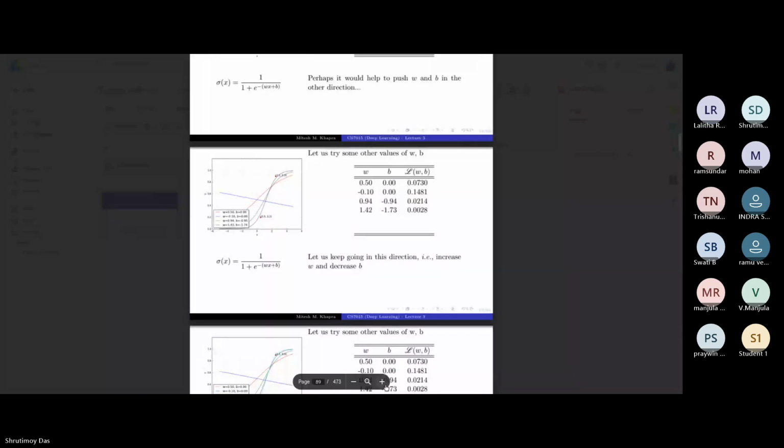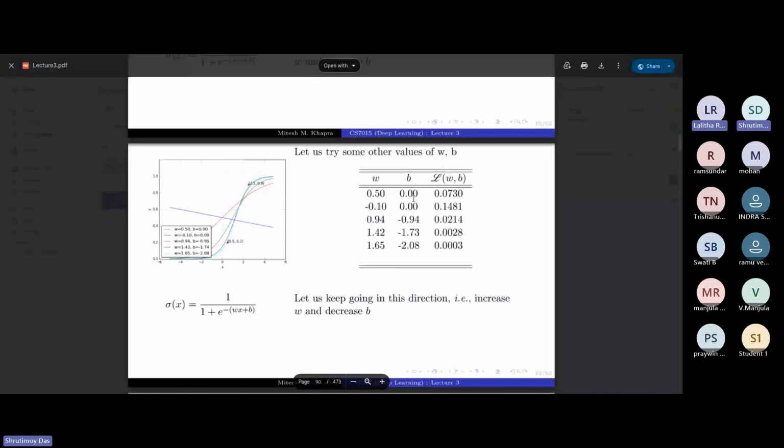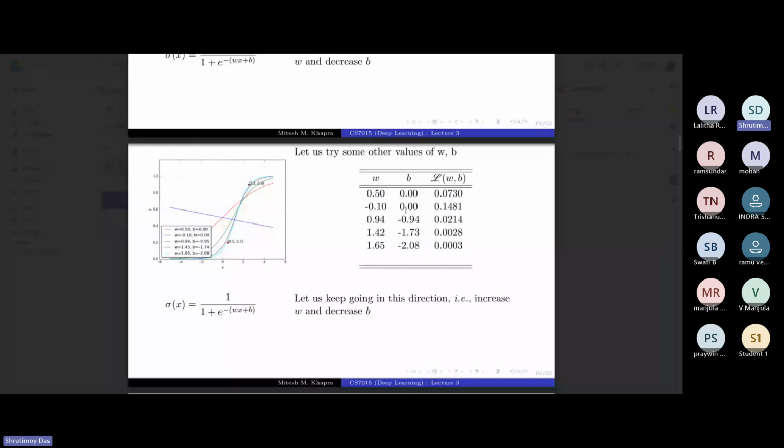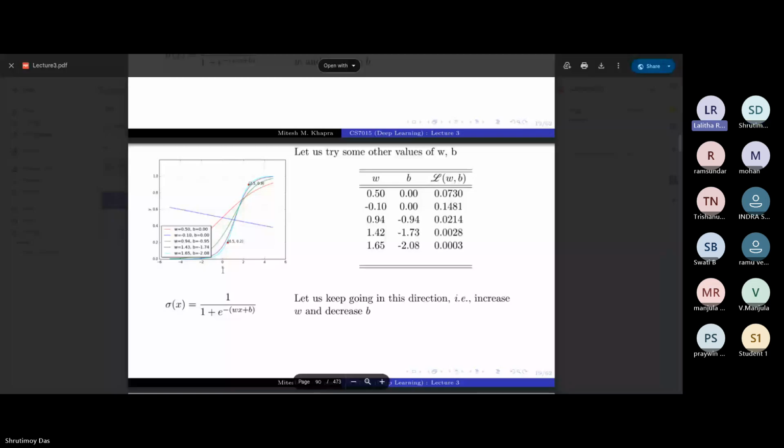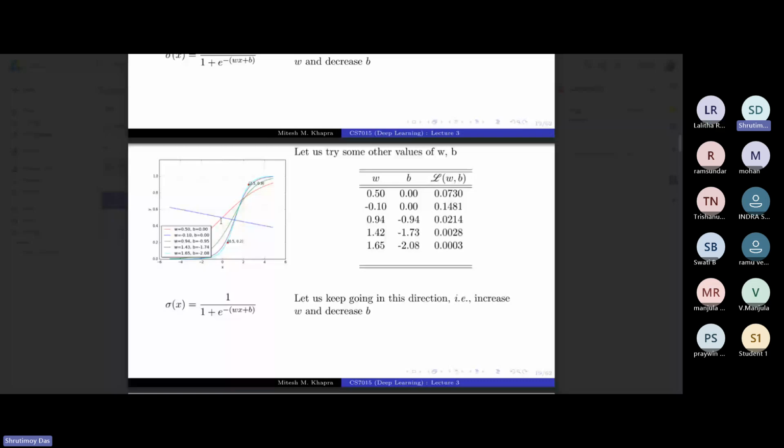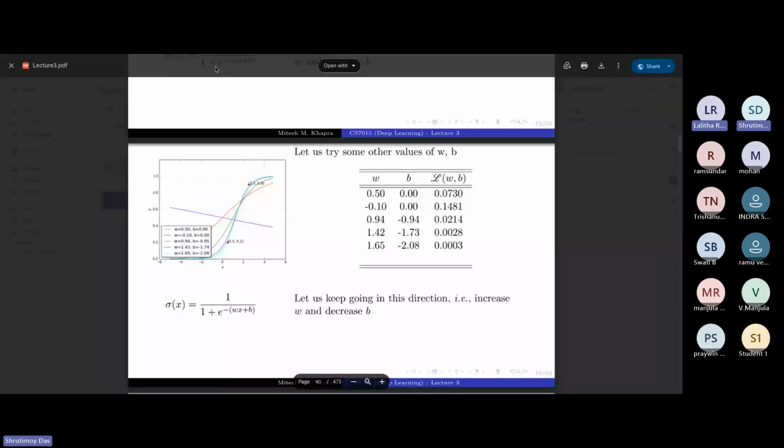Okay. So here, as you can see, they're learning the B's, and the B's are becoming progressively more negative. As the B becomes negative, there is a shift towards right. So this is B0, this is minus 0.95, and at minus 2, it moves towards the right, right? B should move actually towards left as it is increasing.